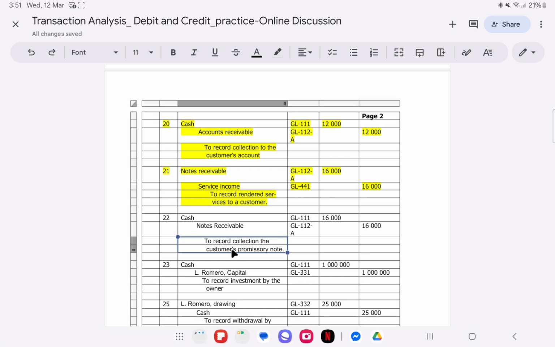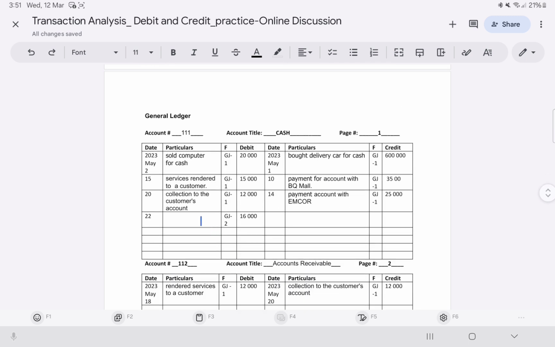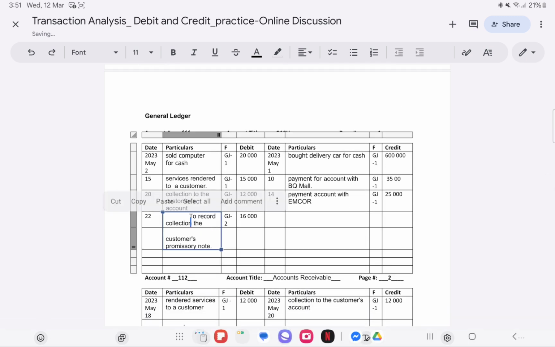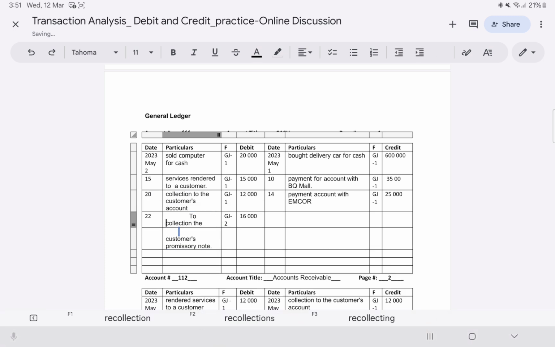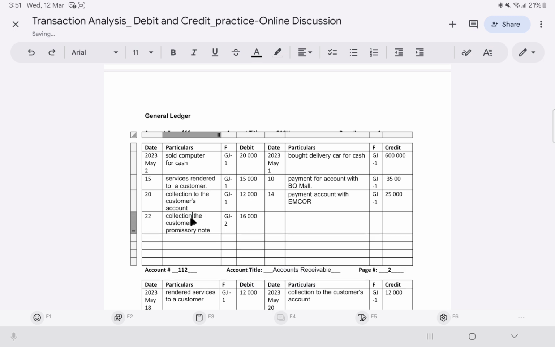I forgot to write the explanation of the cash debit. Collection of the customer's promissory note.